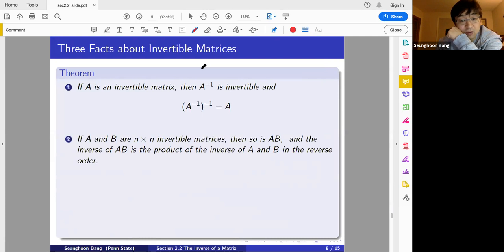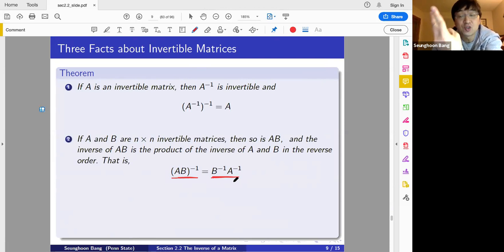The inverse of AB is the product of the inverses of A and B in reverse order. The inverse of AB is inverse of B times inverse of A.